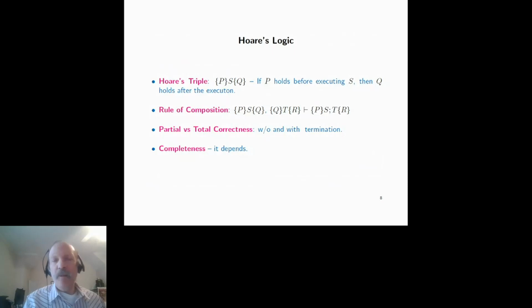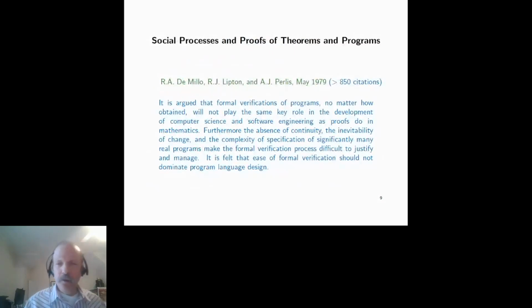Now we jump 10 years to 1979, and a paper appeared in Communications of the ACM, "Social Processes and Proofs of Theorems and Programs" by DeMillo, Lipton, and Perlis. The paper basically says that the whole program verification enterprise is misguided.